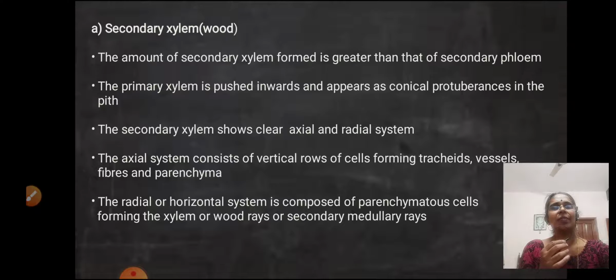The secondary xylem shows clear axial and radial systems. The axial system consists of vertical rows of cells forming tracheids, vessels, fibers and parenchyma. The radial or horizontal system is composed of parenchyma cells forming the xylem or the wood rays or secondary medullary rays.